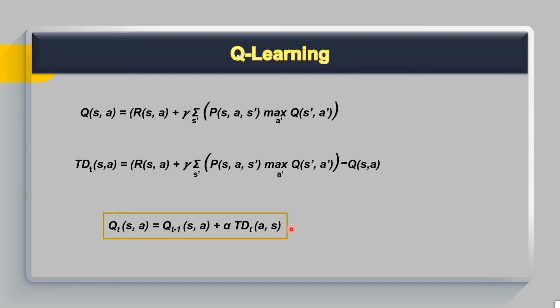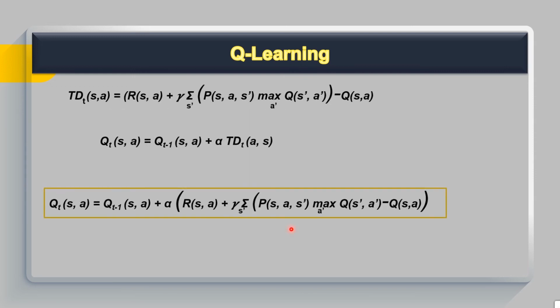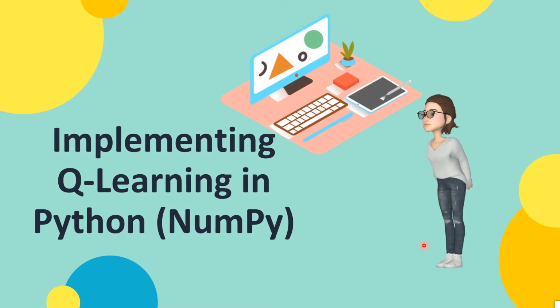So if we replace the TD of S comma A with its full form equation, we should get Qt of S comma A is equal to Qt minus 1 of S comma A plus alpha into R of S comma A plus gamma maximum Q of S dash comma A dash minus Qt minus 1 of S comma A. Now that we have all the little pieces of Q learning together, let's move forward to its implementation part.